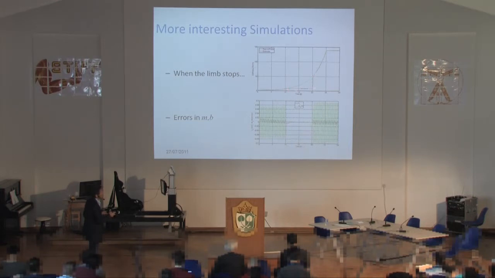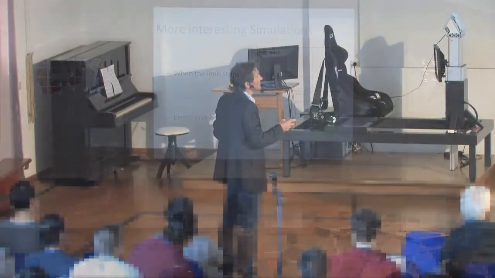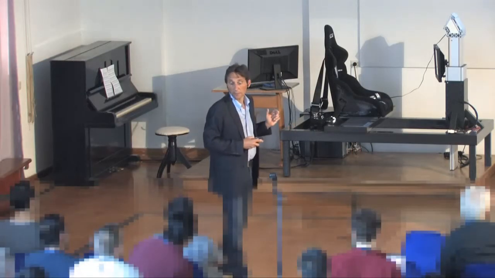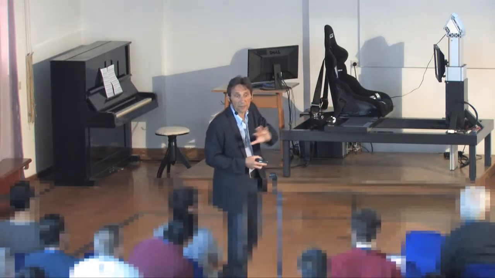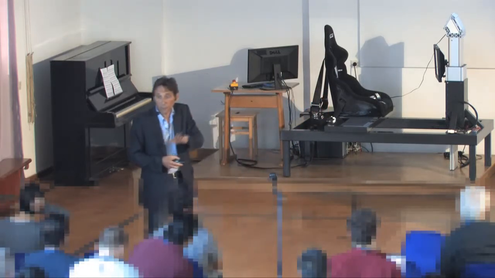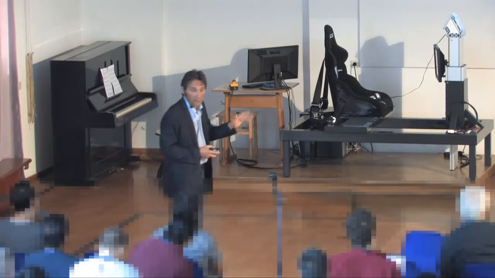The algorithm simply stops because it has no information, so it stops at the last available measurement. And then when the link starts moving again at time 20, the algorithm recovers the true value very quickly. Okay? So we find this very useful to measure nonlinear time-varying stiffness in real time without perturbation.